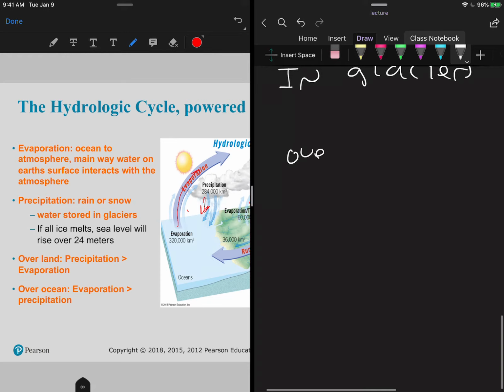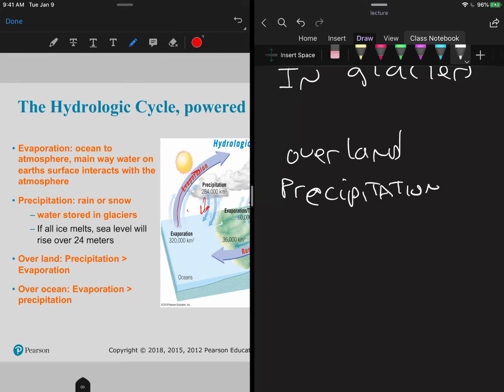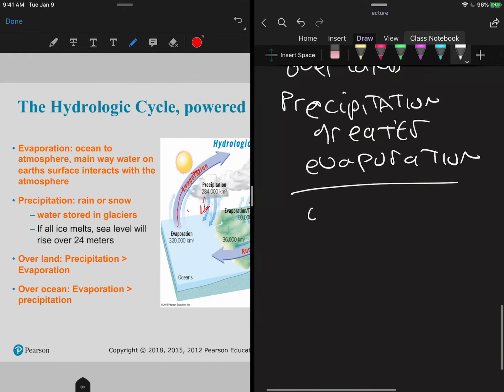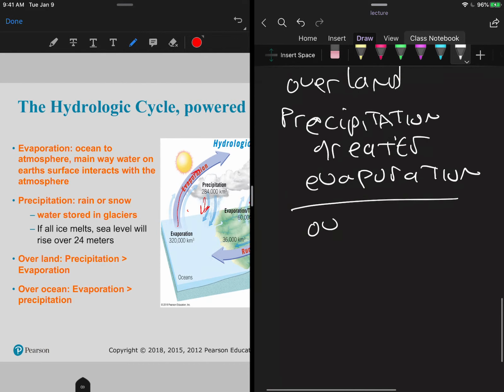Over land, it's going to rain more, so precipitation is going to be greater than evaporation. And over the ocean, it's the other way, because the ocean is mostly water.